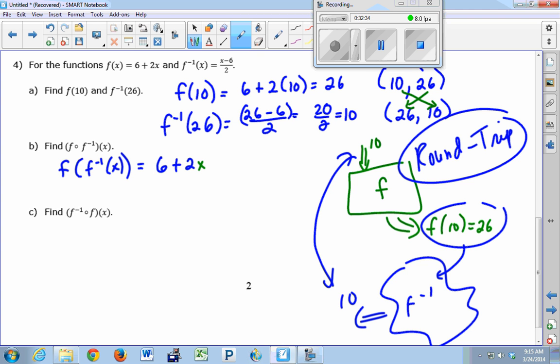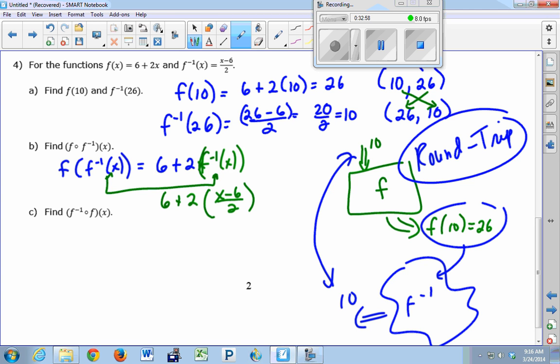That's my new input. So what do I get here? 6 plus 2 times... now what was f inverse of x? It was this whole thing, x minus 6 all over 2.